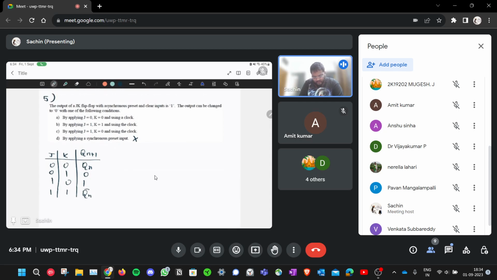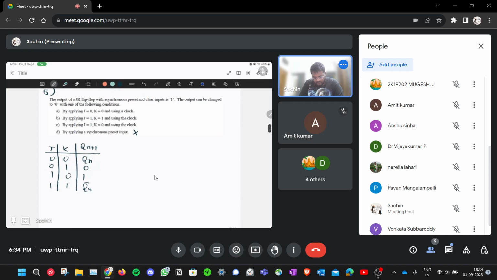And you can see that initially asynchronous preset and clear inputs are 1, so they are both disabled, and output has to be changed to 0.